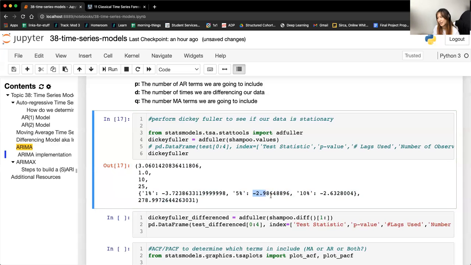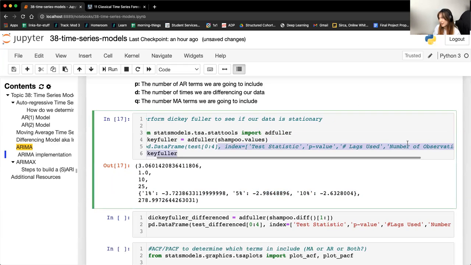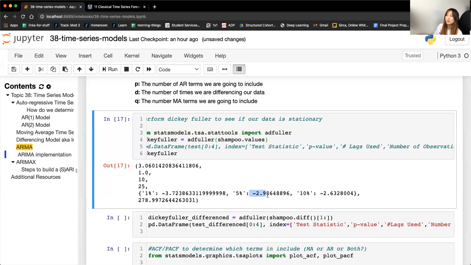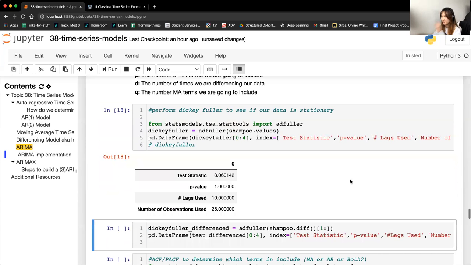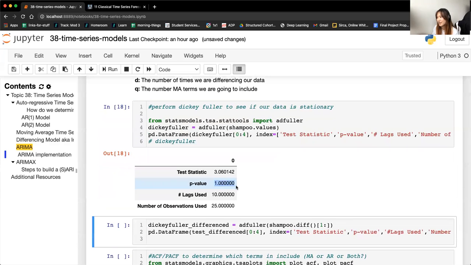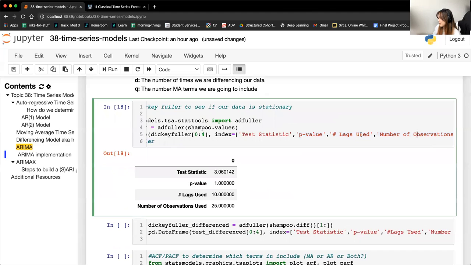Typically we want to look at our 5% value, which right now is 2.98. Let me see really quickly why this is the case. Oh, I think I know why. I think this might fix it. There we go. All right, our p-value ends up being 1. I forget how we pulled this up.